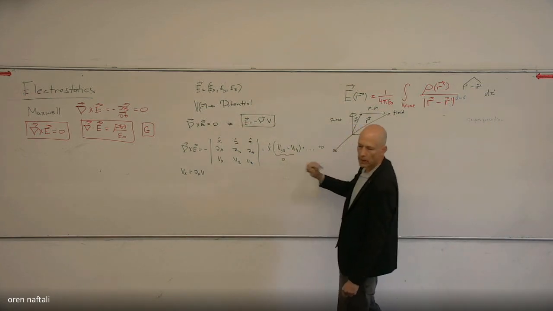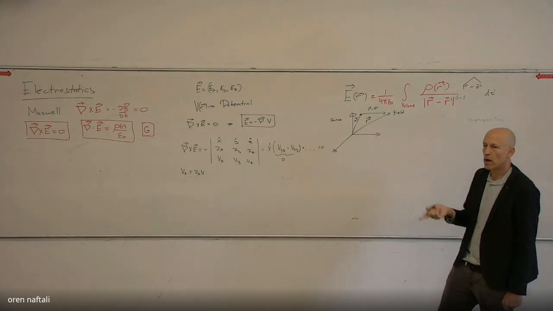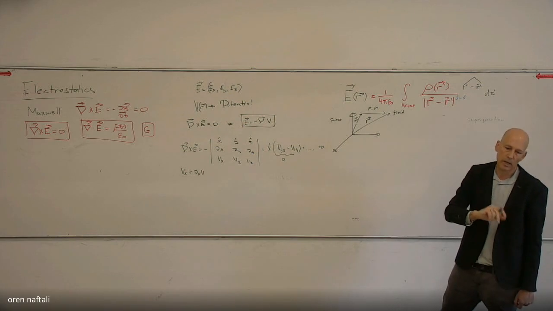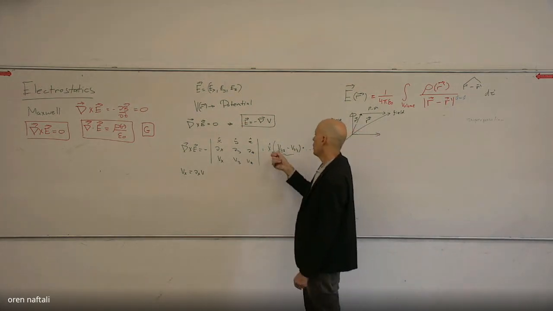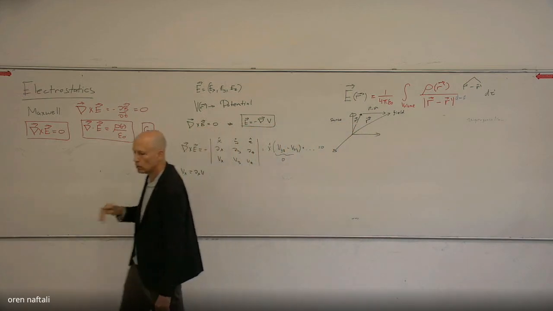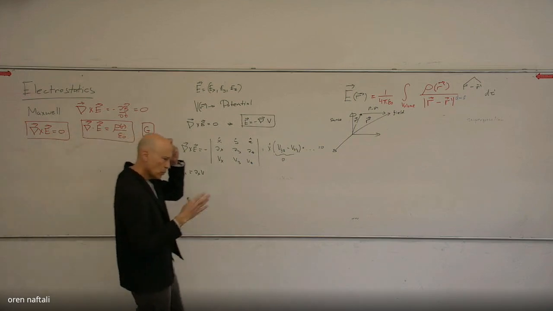What is Vyz? This is the derivative of V, the potential, with respect first to y and then to z. And what is Vzy? It's the derivative first with respect to z and then y. You can change the order of the derivatives, and mathematicians will prove that you can do that, but we know we can because we assume that the function V of r is smooth and nice.